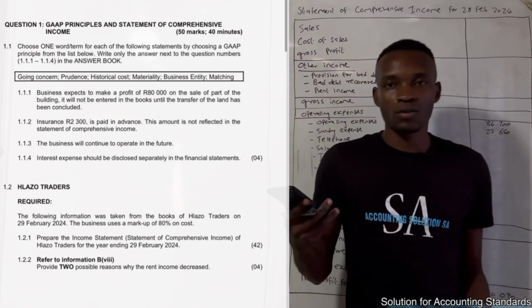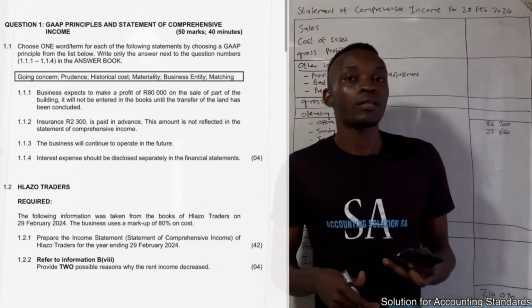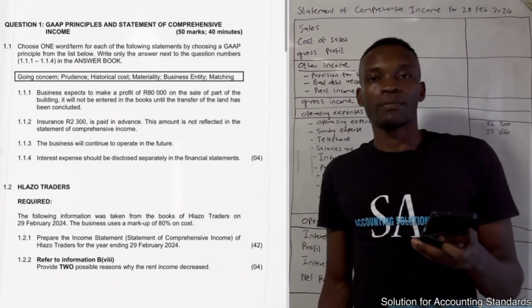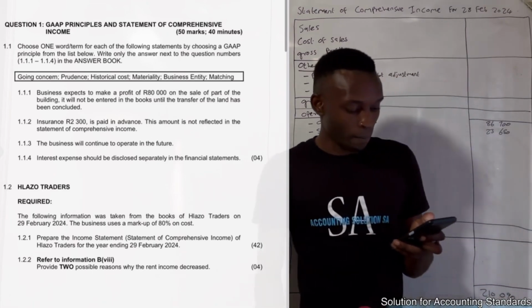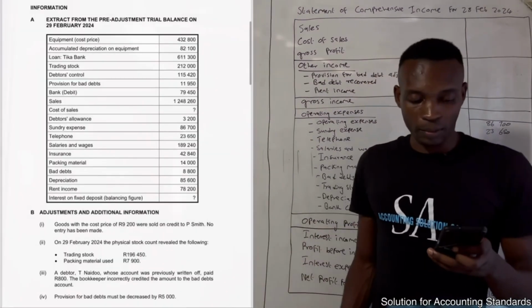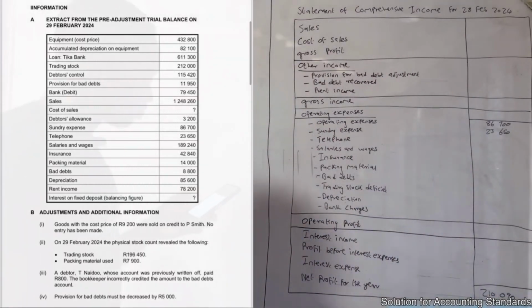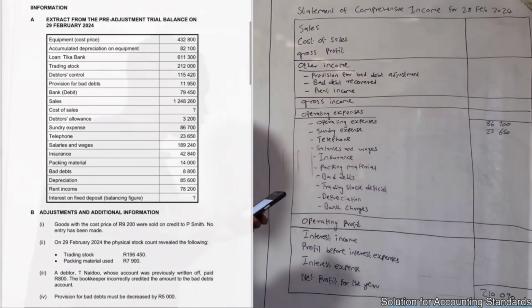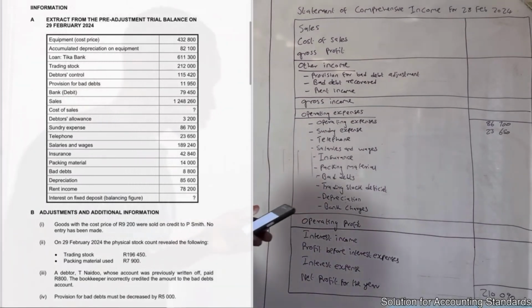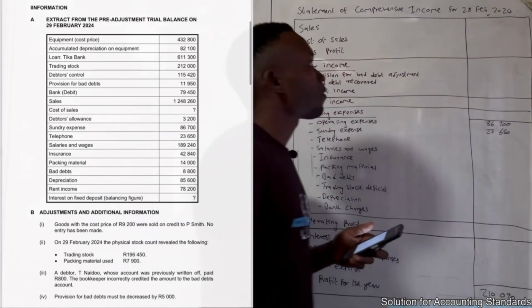Of course, if there is no demand, the rent will decrease, or maybe the condition is no longer the same. Okay, however, now we have to start with our income statement. We have been given the extract from the pre-adjustment trial balance on 29 February 2024, which means that our year is ending 28 February 2024.